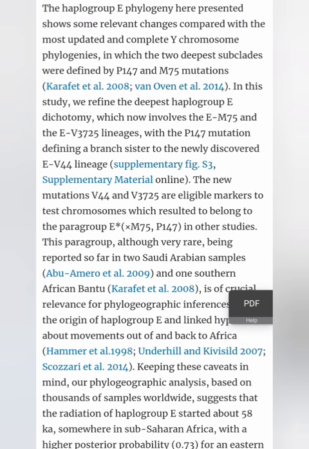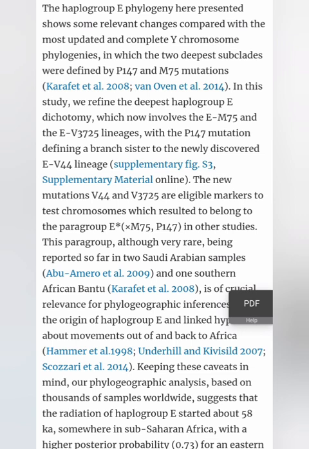In this study, we refined the deepest haplogroup E dichotomy, which now involves EM75 and EV3725 lineages, with the P147 mutation defining a branch sister to the newly discovered EV44 lineage.